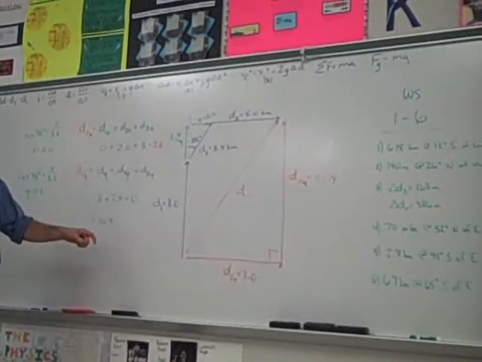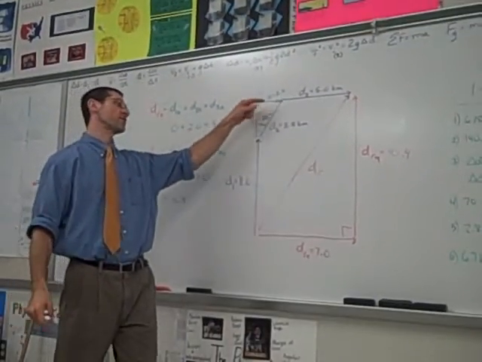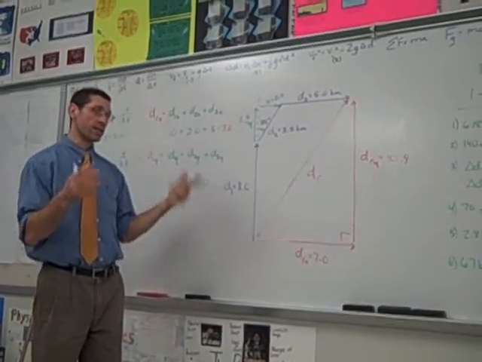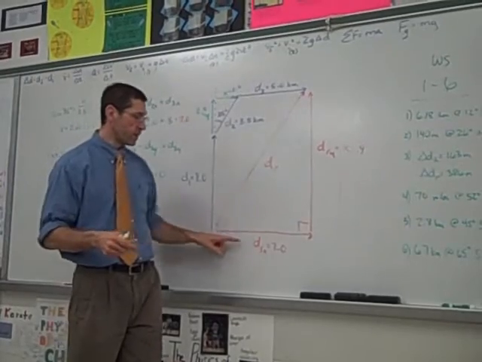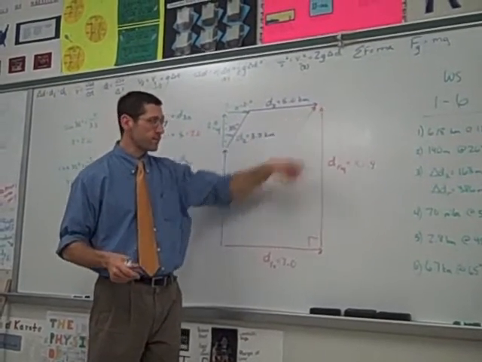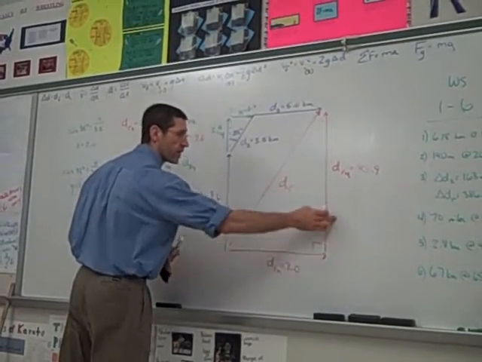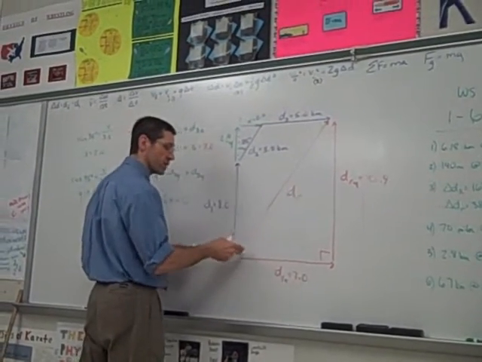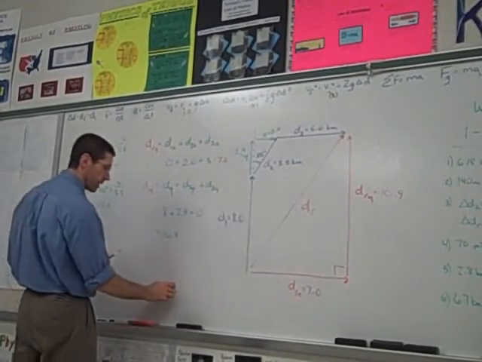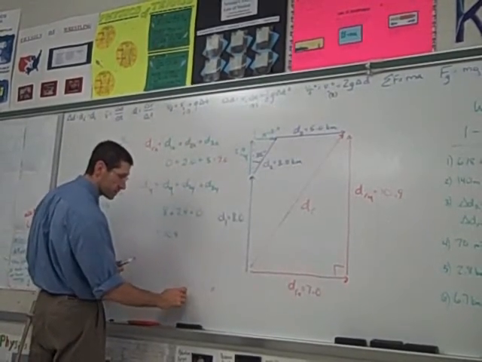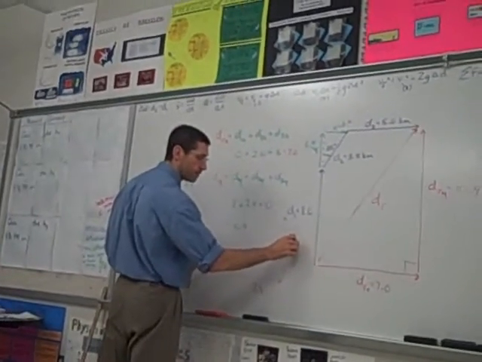So instead of the clown going 8, turning and going 3.5, and turning and going 5, if we limited his motion to x and y, he would have done this and that. So let's figure out, if we didn't limit his motion, and he wanted to take the most direct route, he would just do dr. So that would be the equivalent of going 7 to the right and 10.9 up.